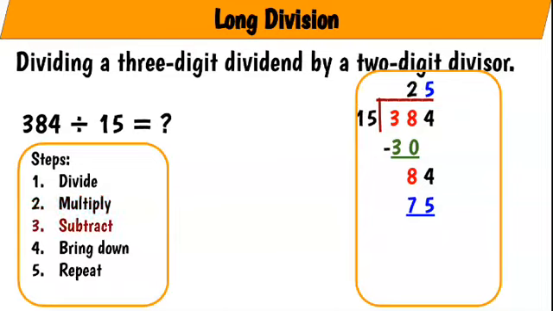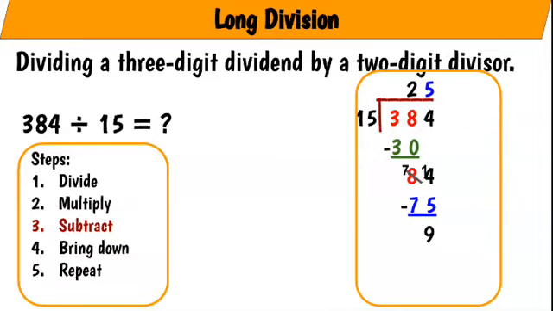So let's move on to our next step, which would be to subtract. So now we need to subtract that 75 from 84. When we subtract, we got 9. Now, if we look at our dividend, we have brought down our last digit, which was 4.